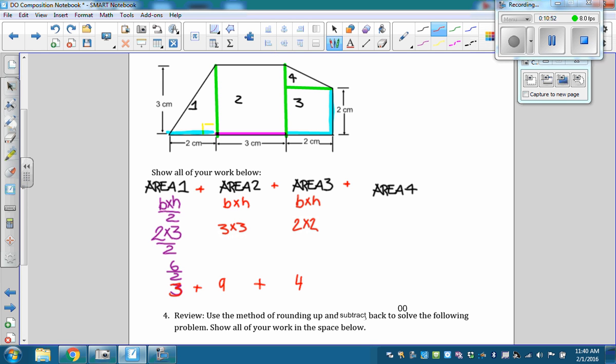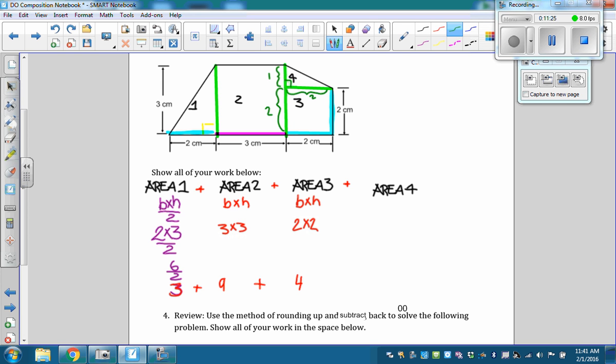And then this area 4 is a triangle, and the square angle's right here. And we know this is 2, and we know this we have to figure out. But if this is 2 units, and the whole height is 3 units, then that leftover piece has to be 1 unit, because these 2 together have to make 3 units.